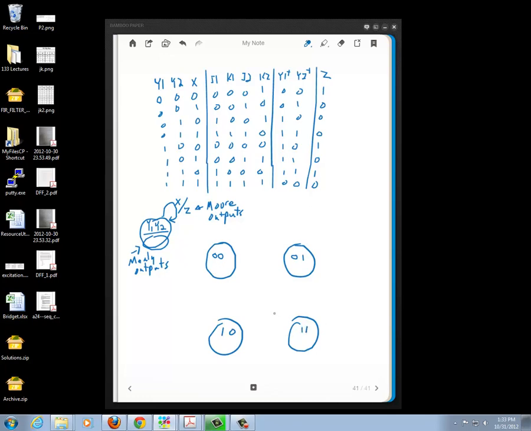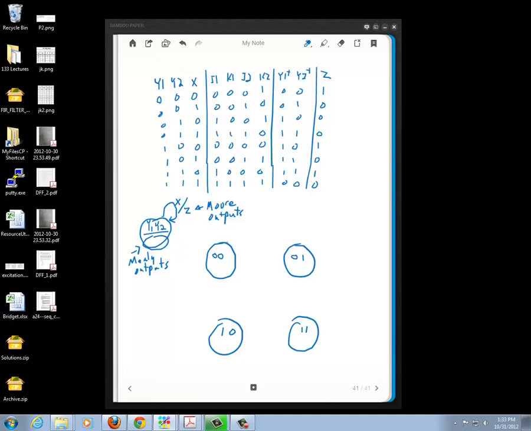Okay, so now we need to say how are we going to get from one state to the next state? Well, if we're currently in 0, 0, that shows us the first 2 rows of our PSNS table. Now we can go from 0, 0 to the next state, which is 0, 0, when X is a 0 and the output Z will be a 1.